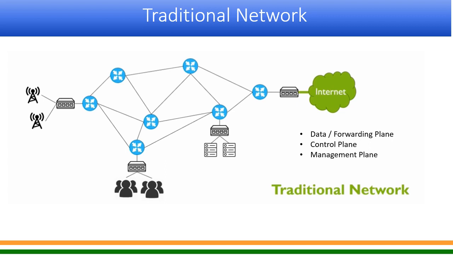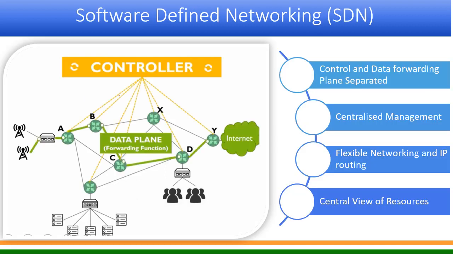So then comes SDN, software defined networking. So what is software defined networking? What we do is that from these routers, the control and data forwarding planes are separated, the control plane is centralized, and the data forwarding plane is only handled by these routers. So all the management is centralized.